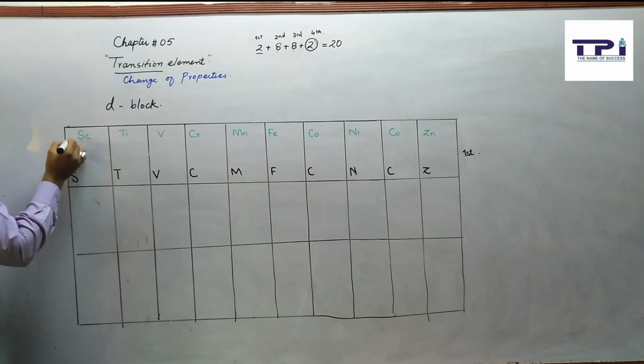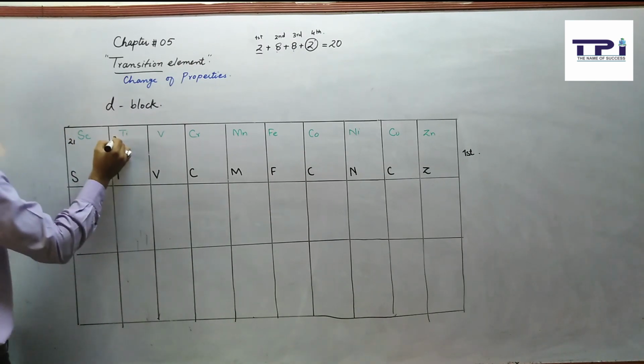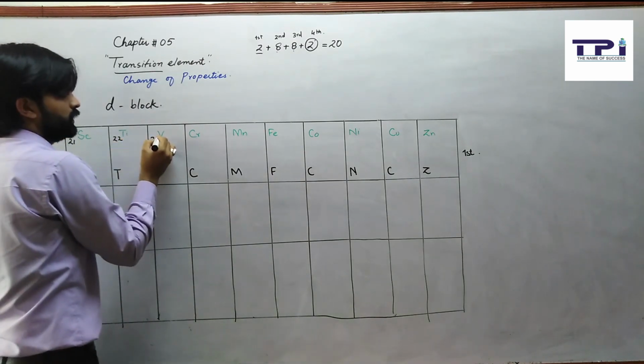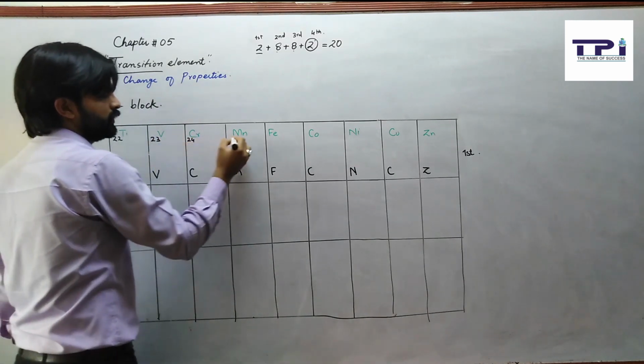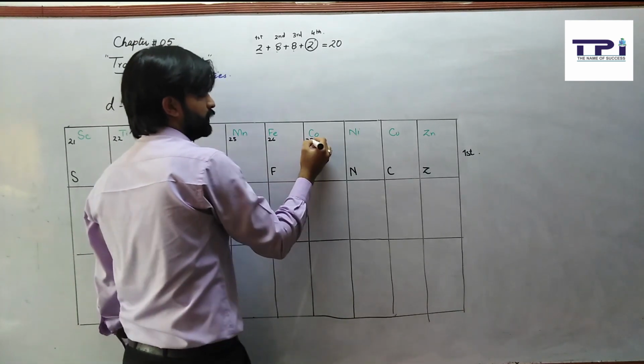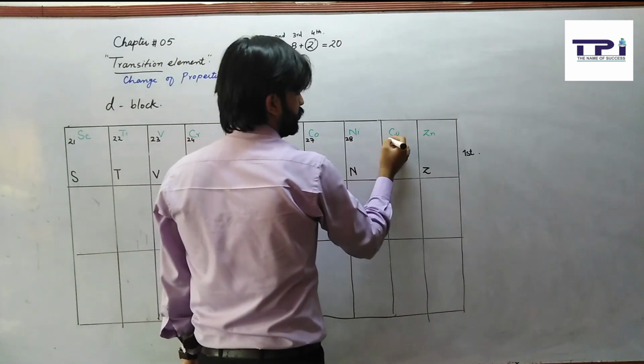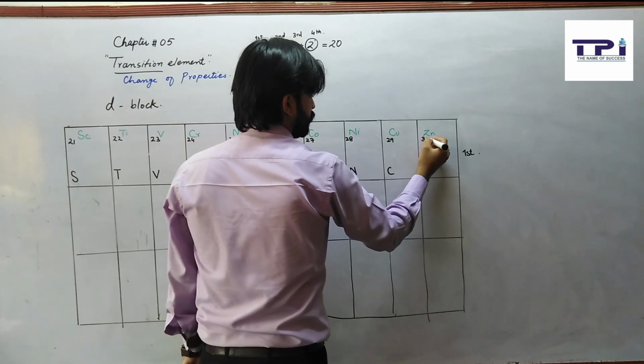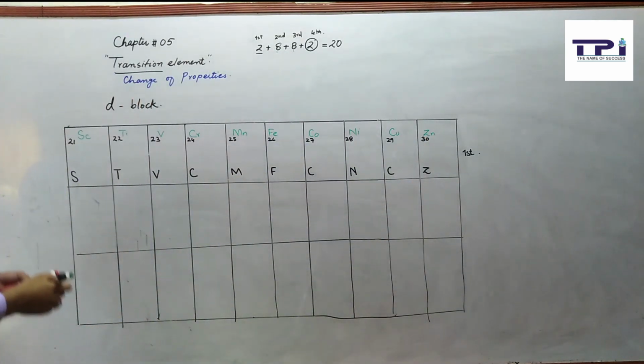Now the next number would be for scandium 21, 22, 23, 24, 25, 26, 27, 28, 29, 30. Abbreviation like cricket.